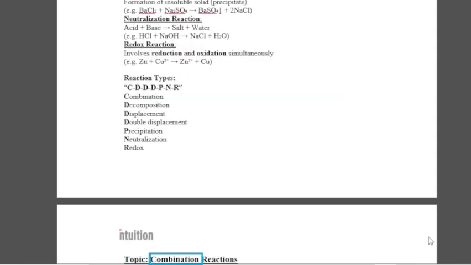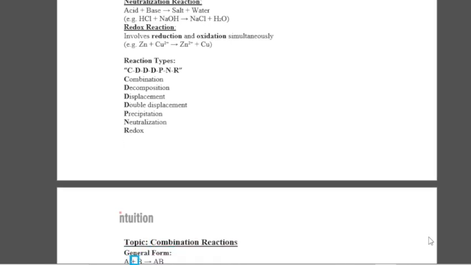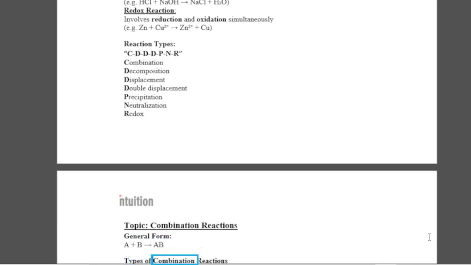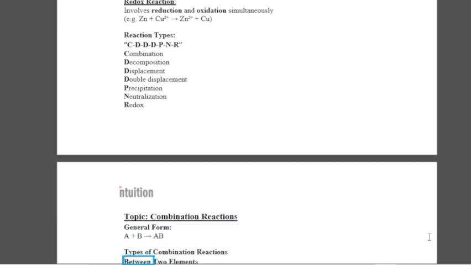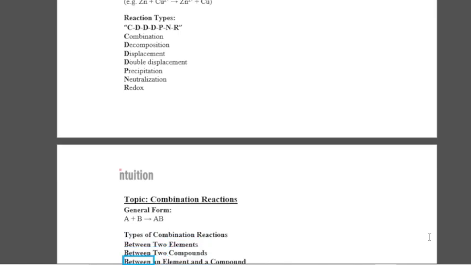Topic: Combination reactions, general form A plus B gives AB. Types of combination reactions: between two elements, between two compounds, and between an element and a compound.